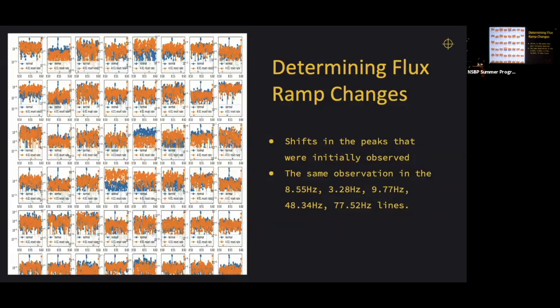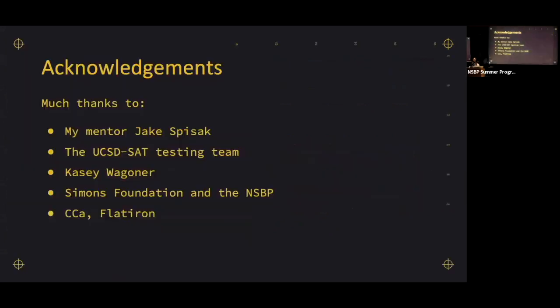The orange part would be once we changed the flux ramp frequency just a little bit, to see if there would be any shifts, to determine whether what we're picking up is from that. And it turned out to be so.